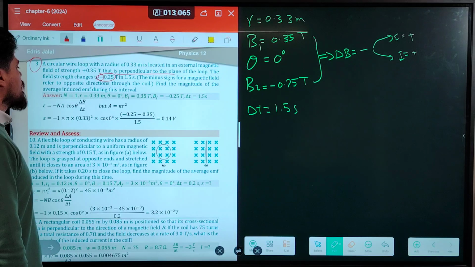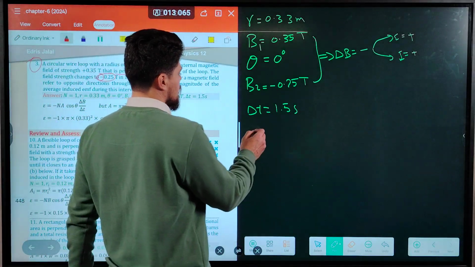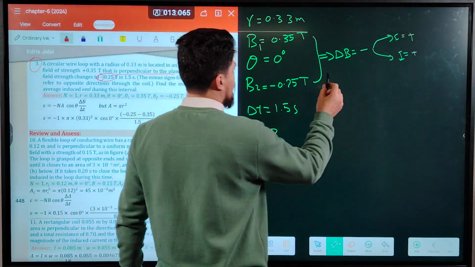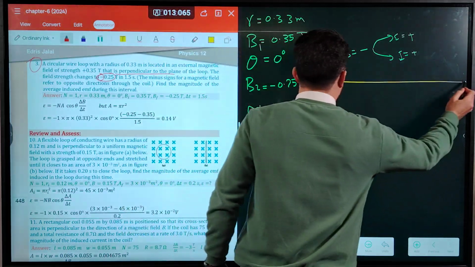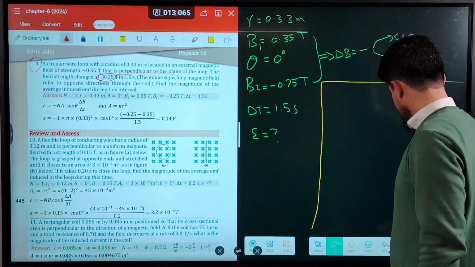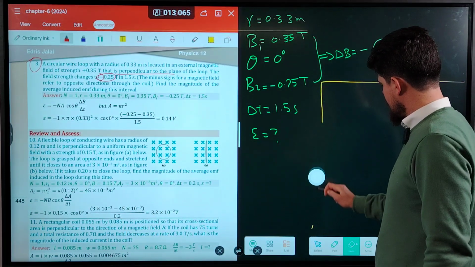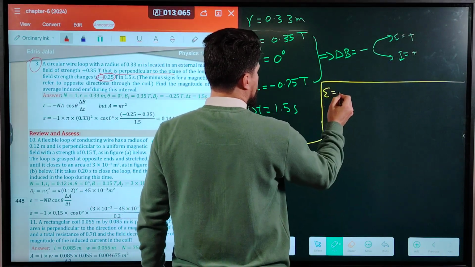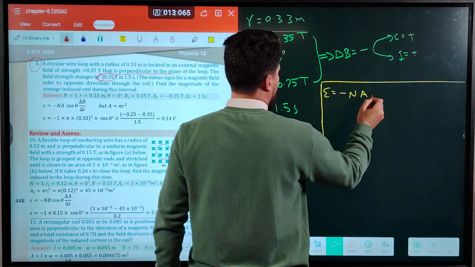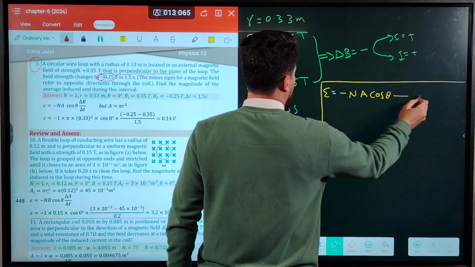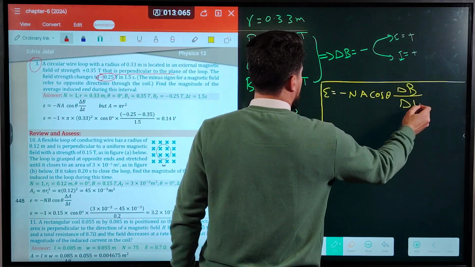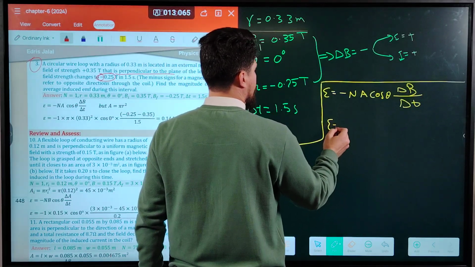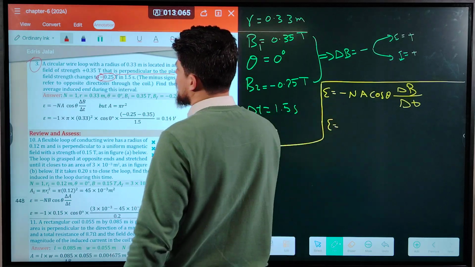Find the magnitude of the average induced EMF during this time interval. EMF is unknown. Guys, look. How can you determine EMF? EMF is equal to negative N cosine theta, change in magnetic field, over delta T. Number of turns is not given.